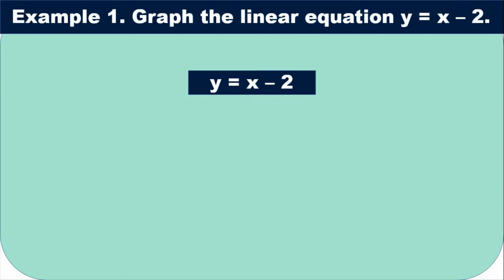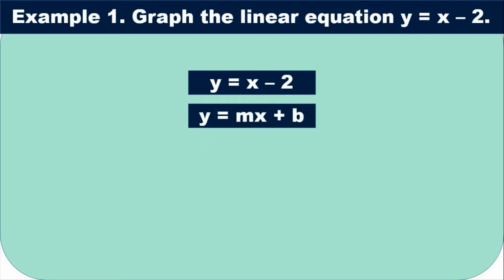To easily identify the slope and the y-intercept of this line, we need to transform it into the form y equals mx plus b.